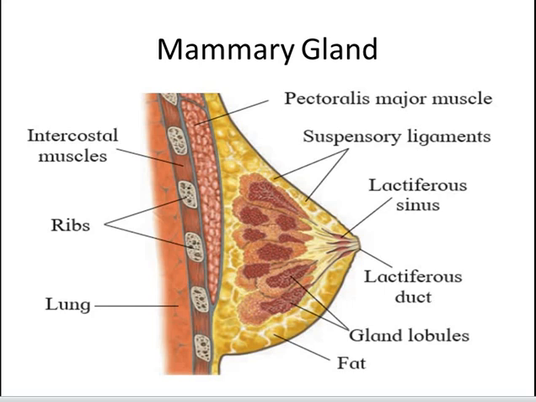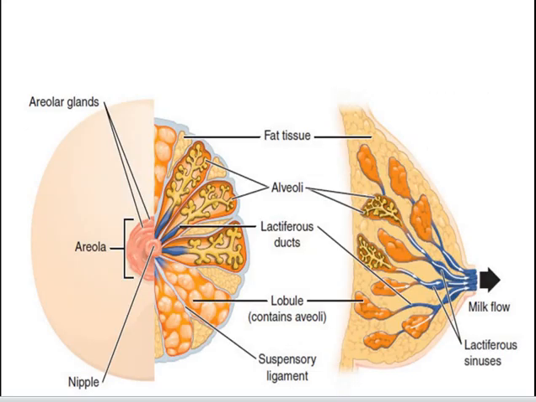Each mammary gland contains fatty connective tissue and numerous lactiferous ducts. The glandular tissue of each breast is divided into 15 to 20 irregularly shaped mammary lobes, each with alveolar glands and lactiferous duct. Alveolar glands secrete milk which is stored in the lumen of alveoli.